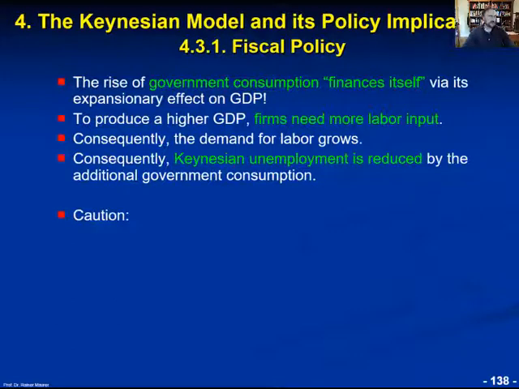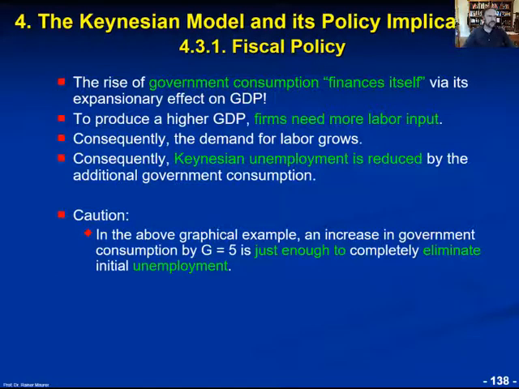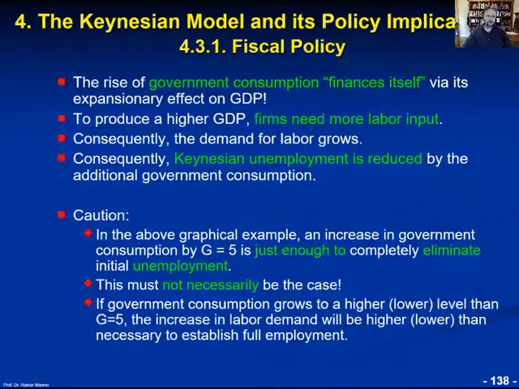But a little bit of caution is necessary here. In the above graphical example, the increase in government consumption by 5 units is just enough to completely eliminate initial unemployment. This must, of course, not necessarily be the case. If government consumption grows to a higher level than just 5 units, the increase in labor demand will be higher than necessary to establish full employment.